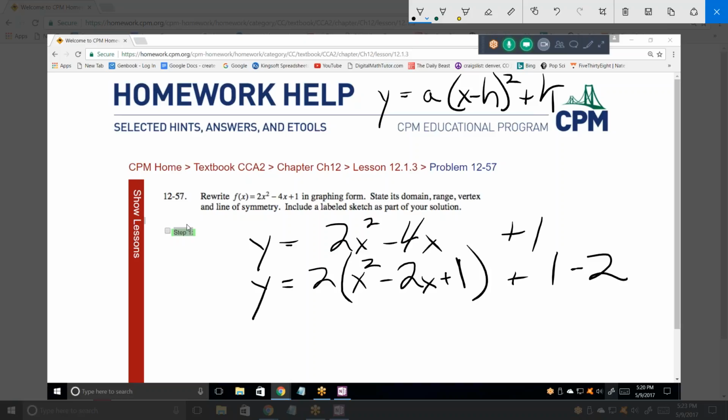Now, it is true that sometimes when you're completing the square, you're doing it on opposite sides of equations, and then you have to add 2 to the other side of the equation. But if you're doing everything on the same side of the equation, then you do the opposite of it, not the same thing. So now, put that in vertex form.